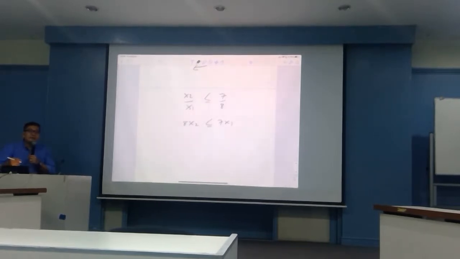In the same pattern as the others, you can have 8x2 minus 7x1 less than or equal to 0, right? But one thing you can notice is that the constant value is 0.